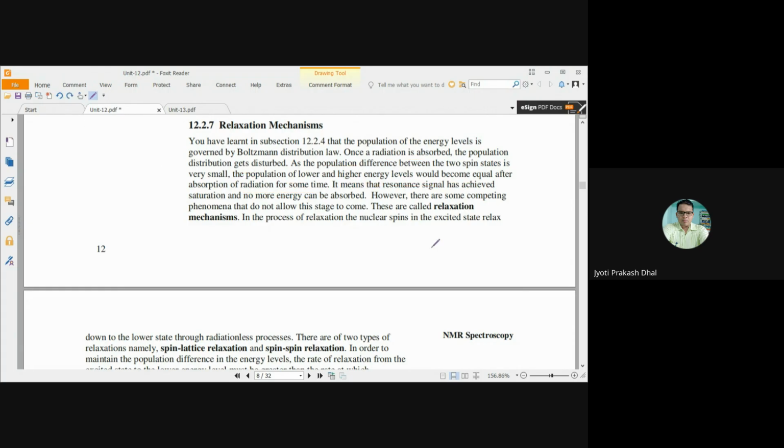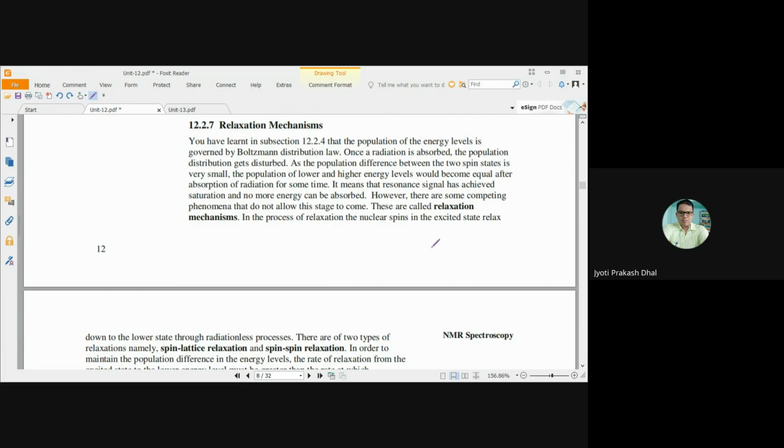From the Boltzmann distribution law in the previous section, we know that if 10 to the power 5 samples are present at the lower energy state, then 99,998 will be present at the higher energy state.